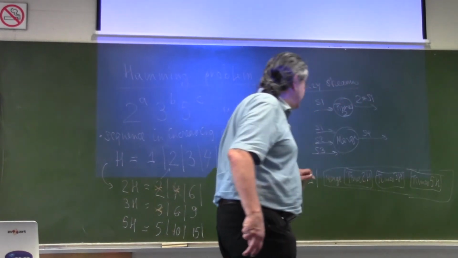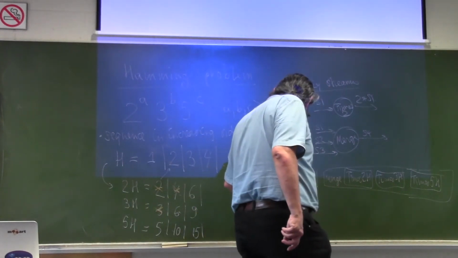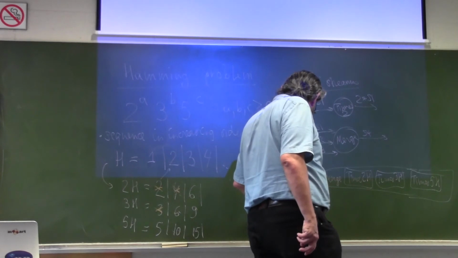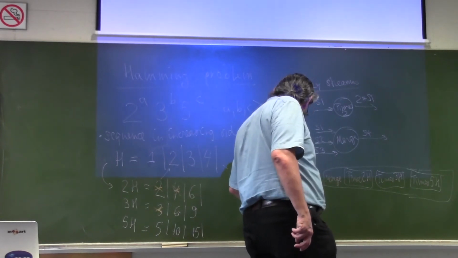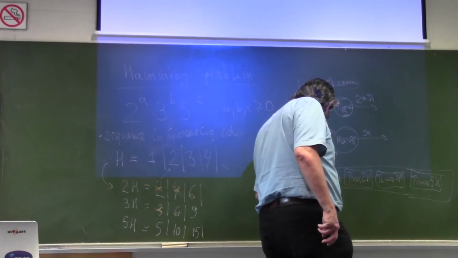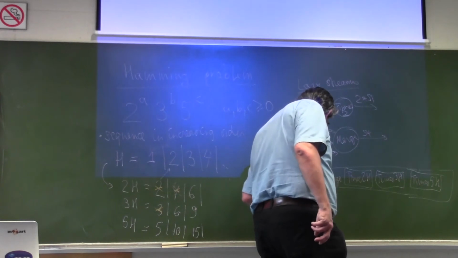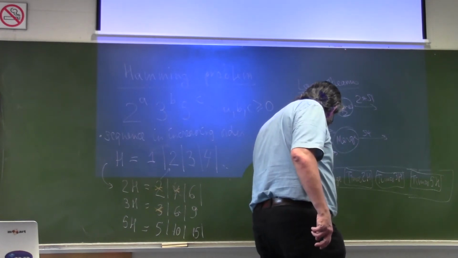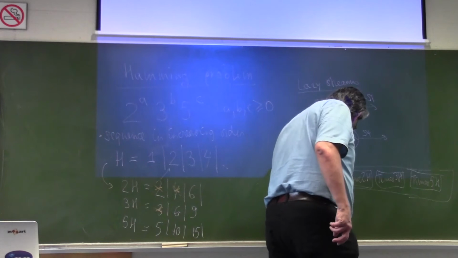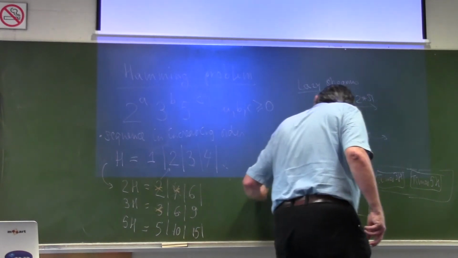So basically this is the solution. So you can write it like this. H goes to the times 2, times 3, and times 5. These are merged together. And this gives me H.